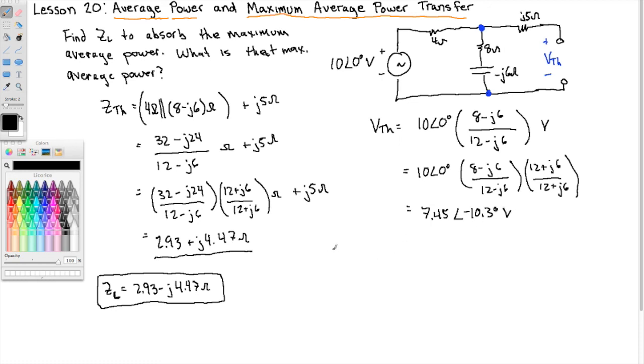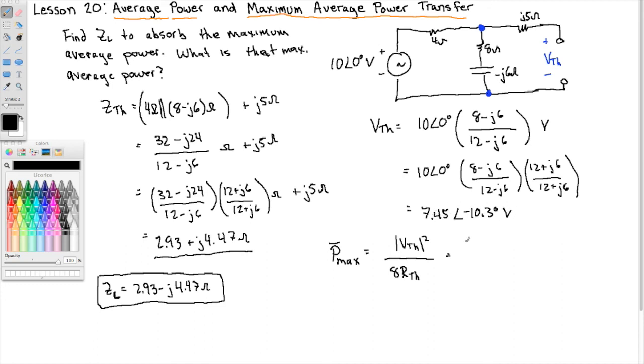So what is the maximum amount of average power? Again, I'll write it down here: the magnitude of the Thevenin voltage squared divided by 8 times the Thevenin resistance. What is the magnitude of this complex number? 7.45.